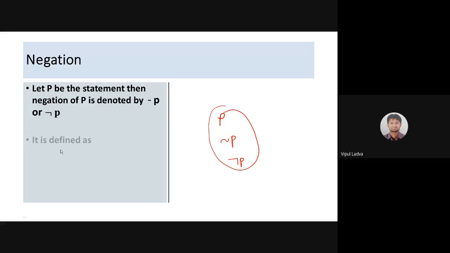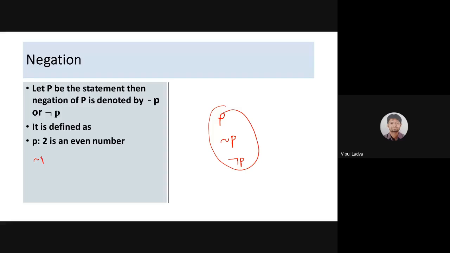It is defined as, if I'm labeling my P as 2 is an even number, then its negation. What will we write as the negation? What will be the negation of P in this particular case?